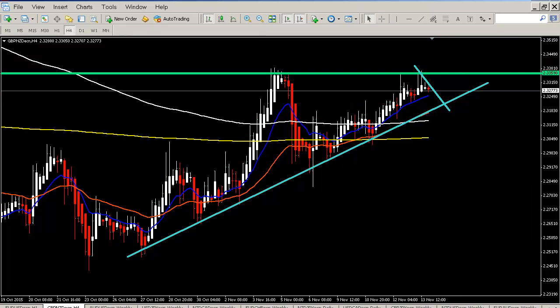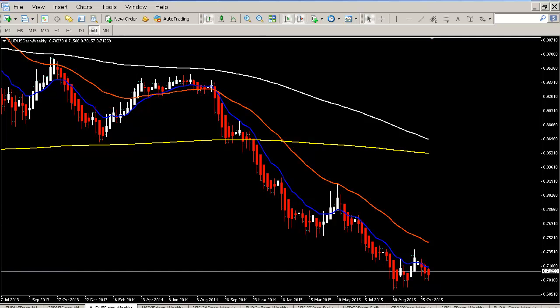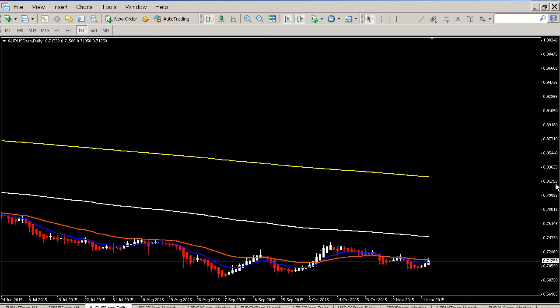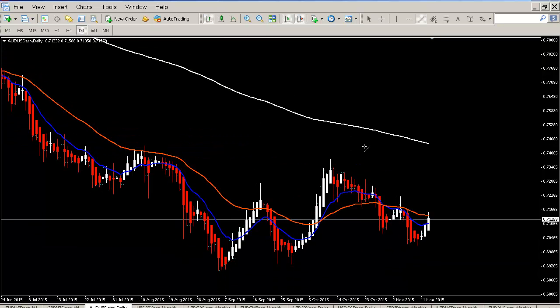Great. So what else? Australian dollar, US dollar. Of course still short, but if you look at the daily chart, there we go.